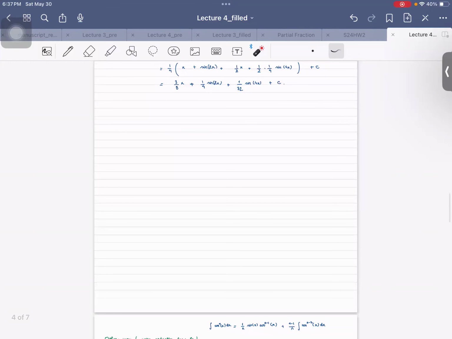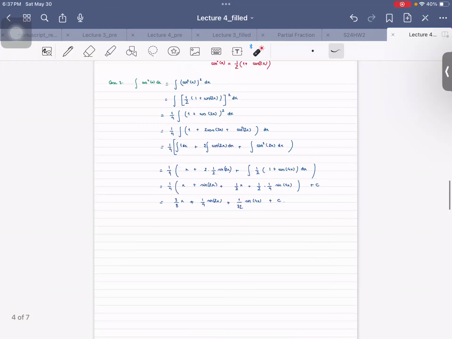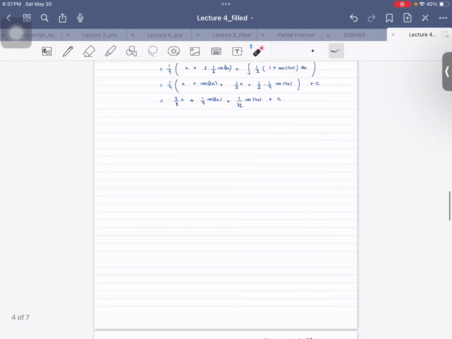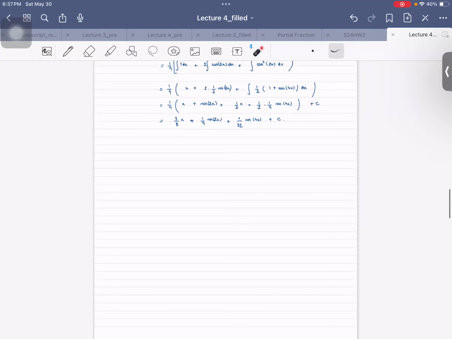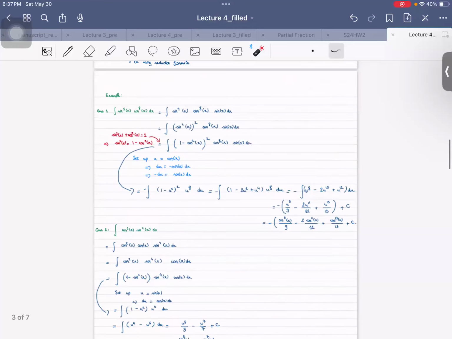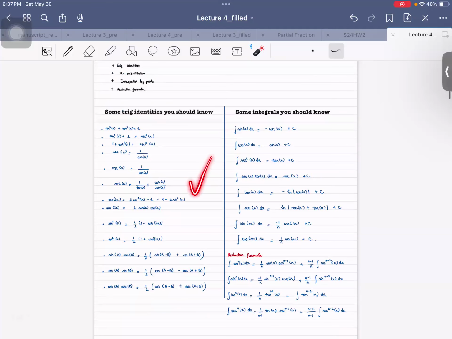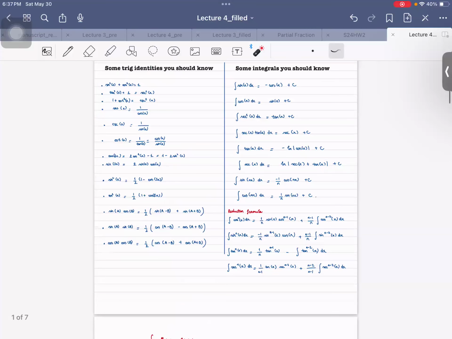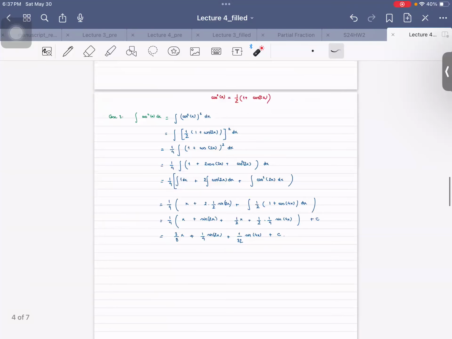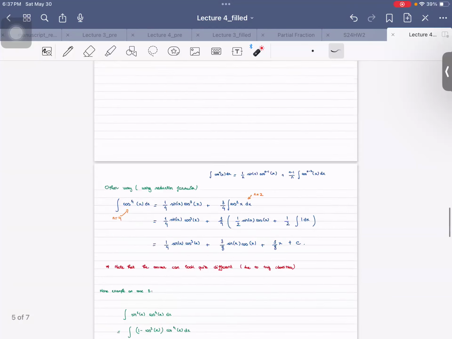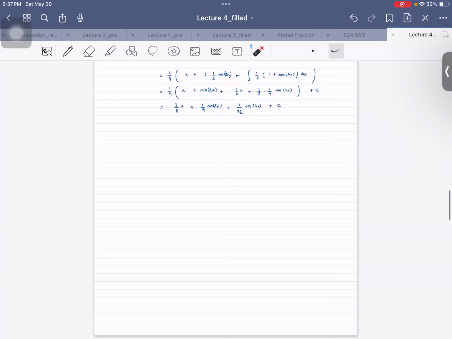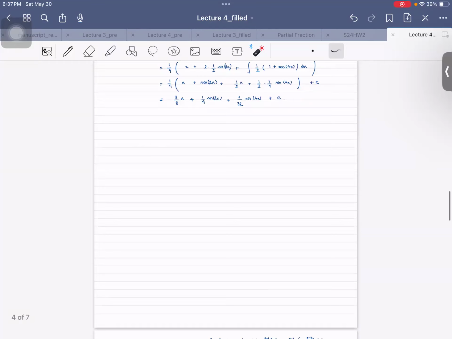But it doesn't mean that you are wrong in this scenario, because the trig functions have a lot of trig identities. So the thing that you have can look quite different, but they are really the same thing.